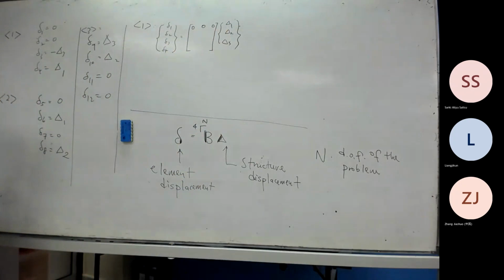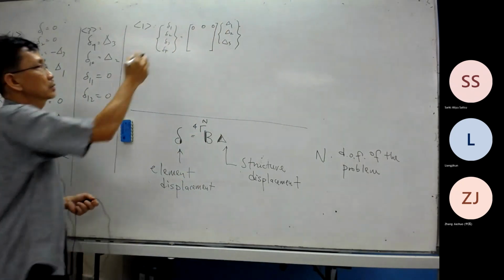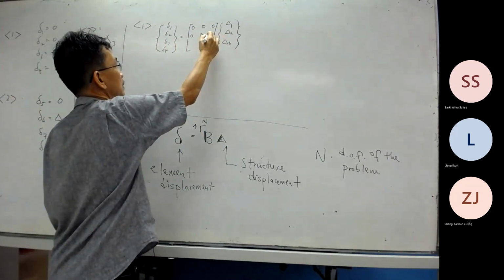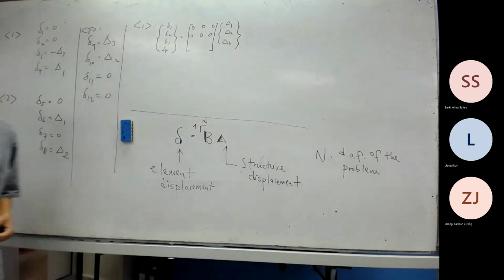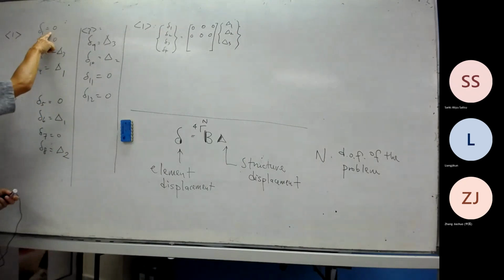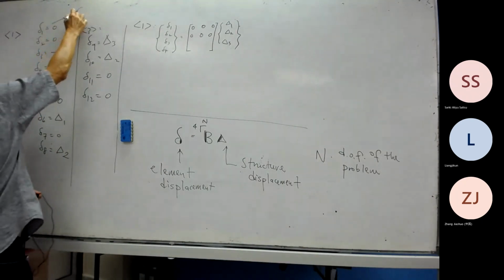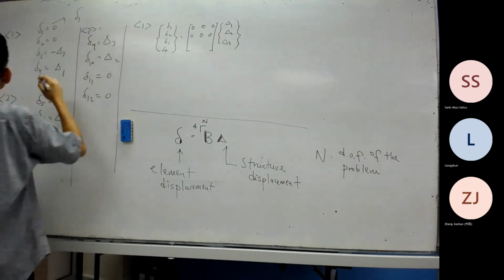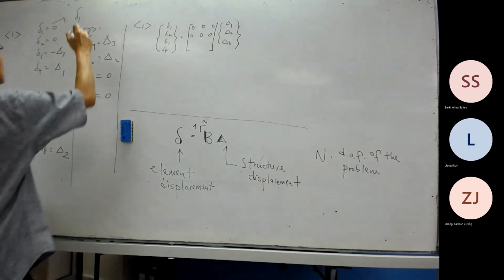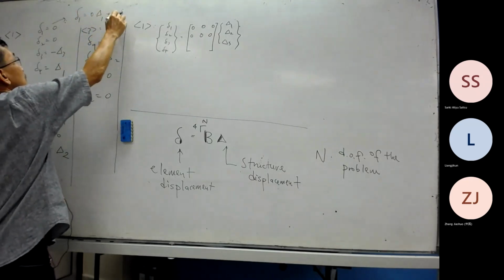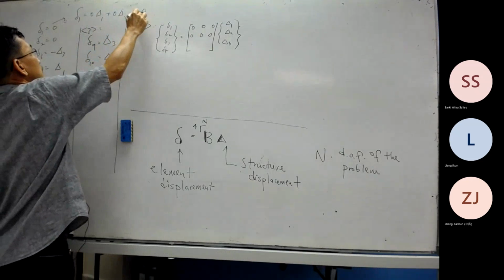Second one, delta 2, 0. So it's also 0 multiplied by delta 1, 0 multiplied by delta 2, 0 multiplied by delta 3. This is just expanding these equations into 0 delta 1 plus 0 delta 2 plus 0 delta 3.